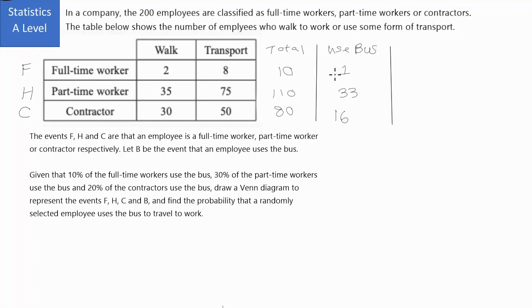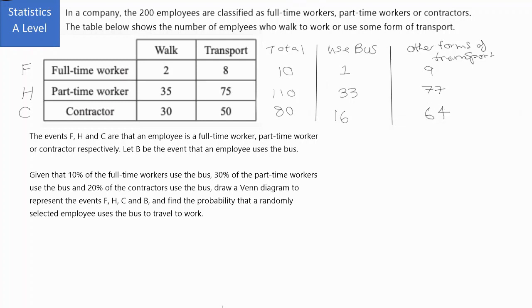So out of the 10 full-time workers, one's using the bus, that means other forms of transport other than buses, which could be walking, cycling, car, whatever, you've got 9 of those. It's 10 in total, one's using the bus, other than bus is 9. Left over from here is going to be 77, and left over from here is going to be 64.